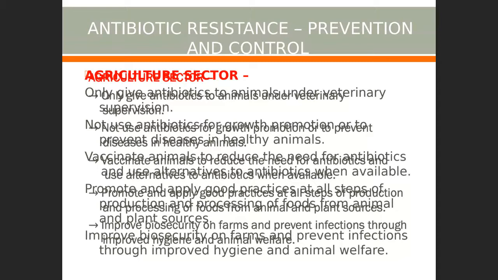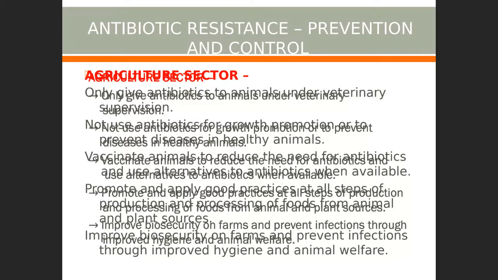And try to use the alternatives to antibiotics whenever they are available and easy to use. It is necessary that the people working in the agriculture sector promote and apply good practices in all the steps of food production, whether from animal source or plant source.